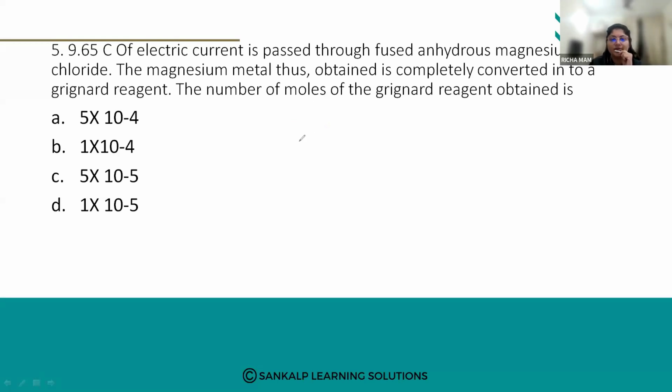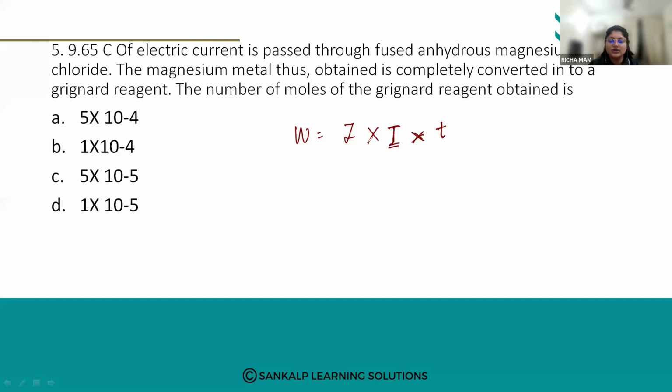So here we are going to use the formula W is equal to Z into I into T. Here Z is your equivalent weight, and T is the time taken.